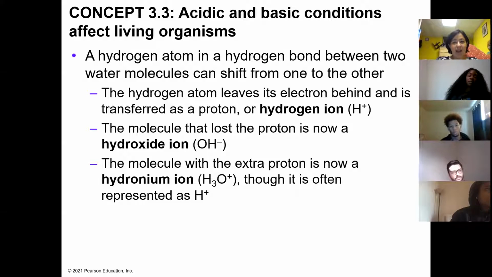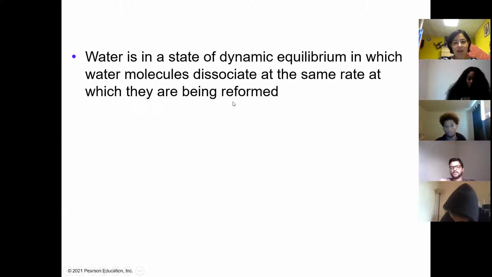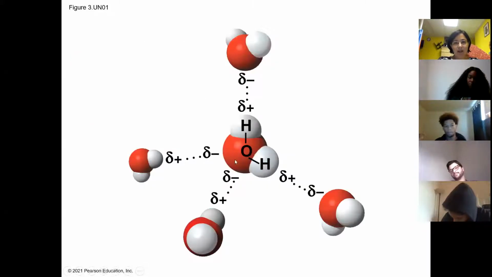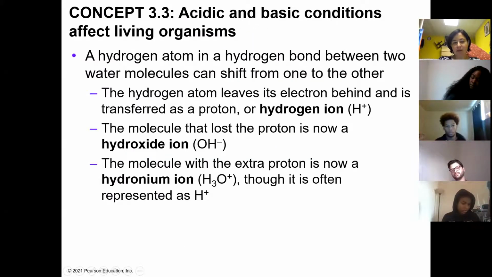Okay, so you see, this is the thing. Water, right? Can the molecule itself break apart? Yeah, it can, but there are a bunch of other chemicals that can give off hydrogen ions, right?